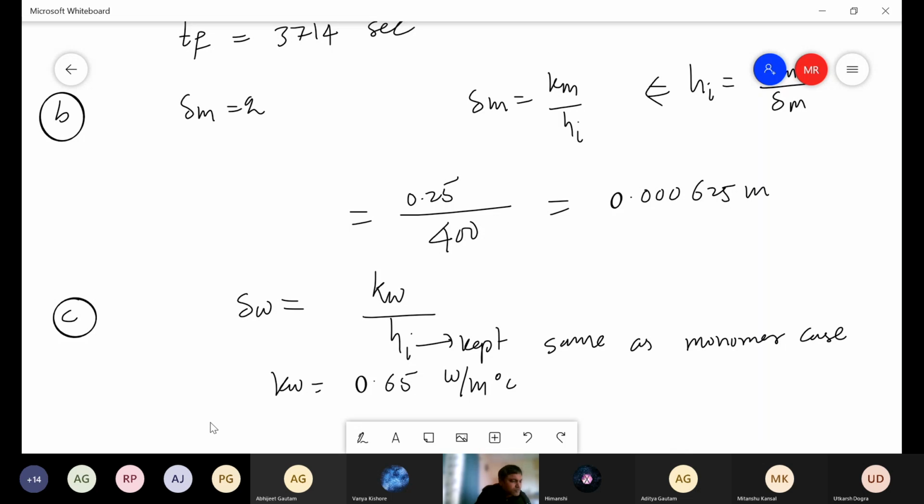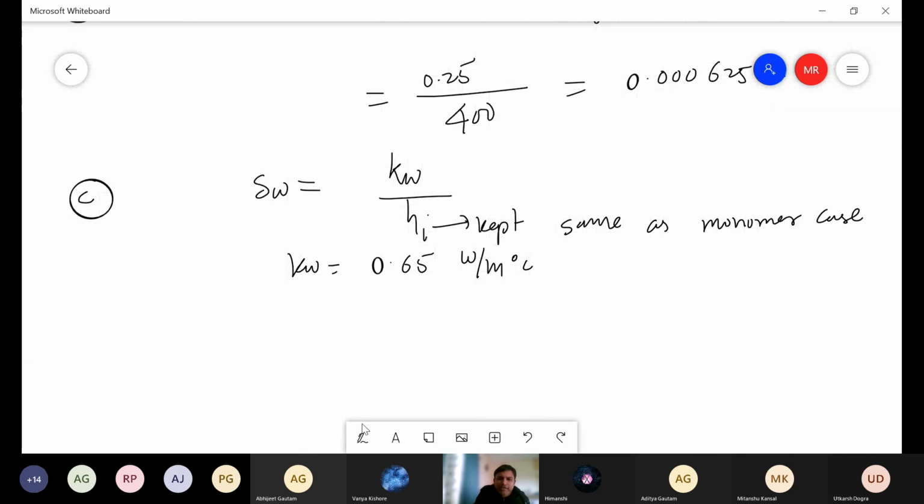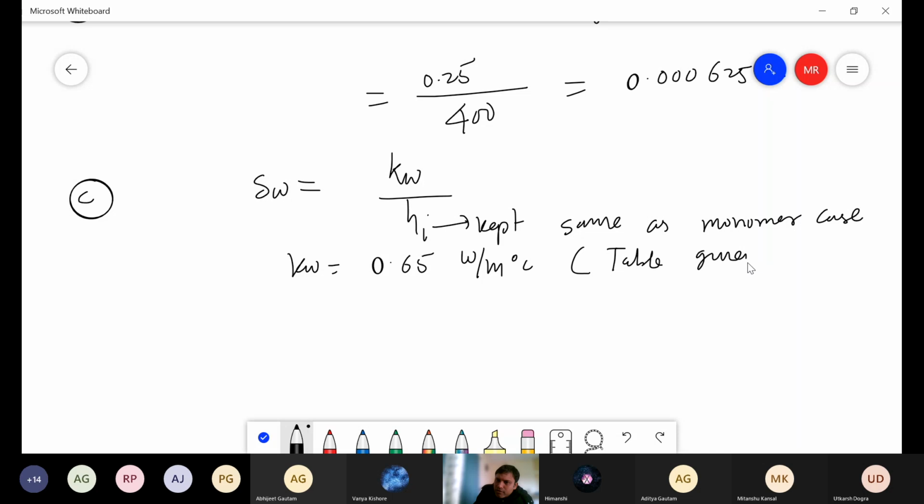This is given from the table at the backside of the book, so we can find out KW from there.